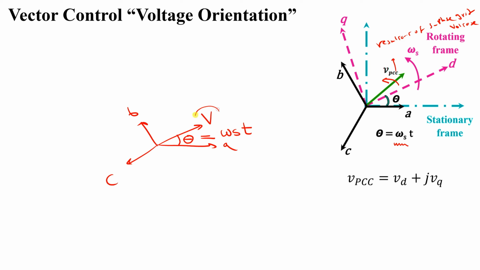So its orientation changes with time, right? It keeps rotating all the time, and its position theta is defined by omega s t.